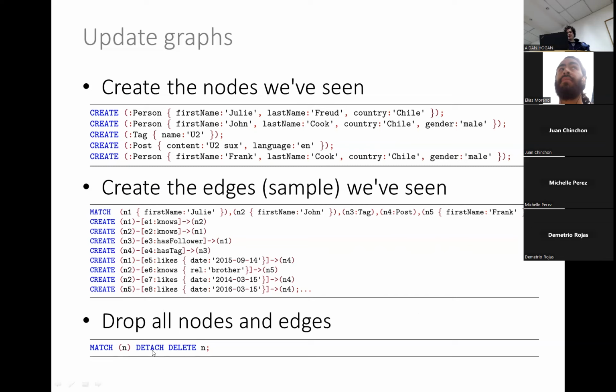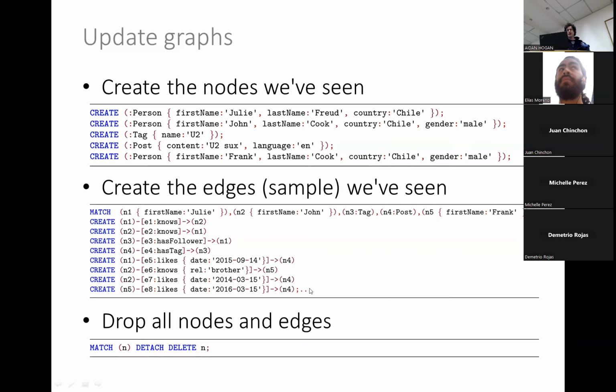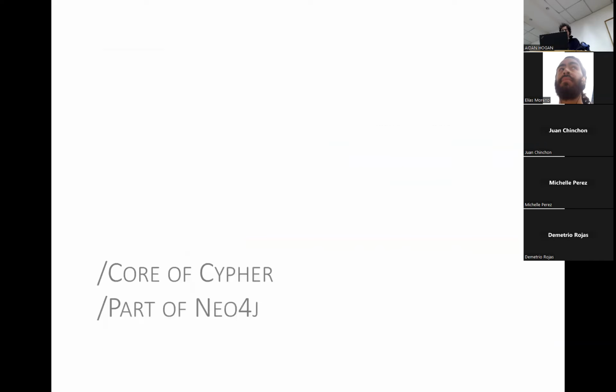So match n, detach delete n would essentially just delete all nodes, which would also delete all of the edges associated with that. So it basically clears the graph. So we have some update language as well in order to create, delete, update and insert things into the graph. That's the core part of Cypher, and that's the core part of Neo4j.